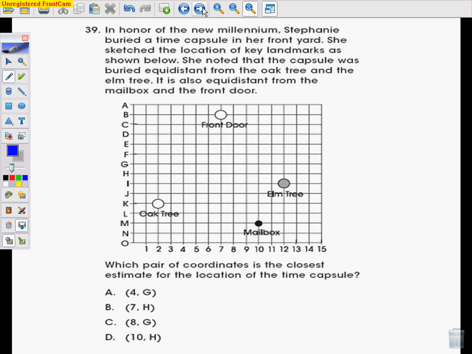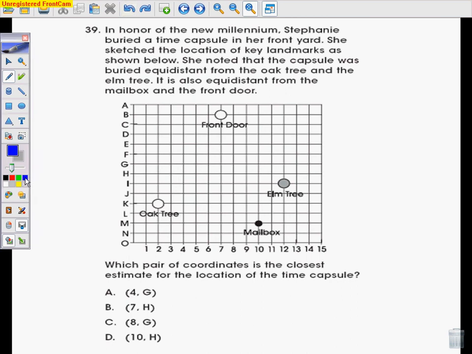Well, let's just go ahead and go through each of our coordinates. So here we have 4 and G. So 4G. Does that look like it's equidistant from the oak tree and the elm tree? Not really. All right. So that was not our answer there.